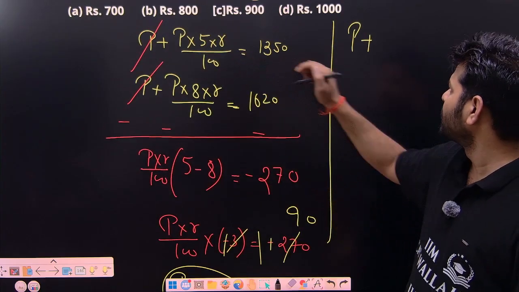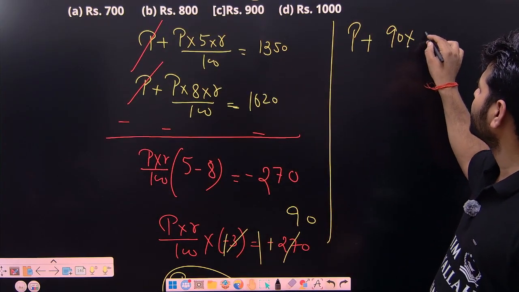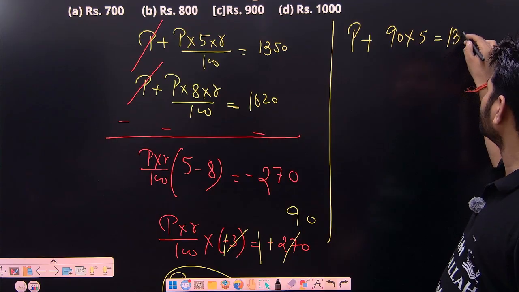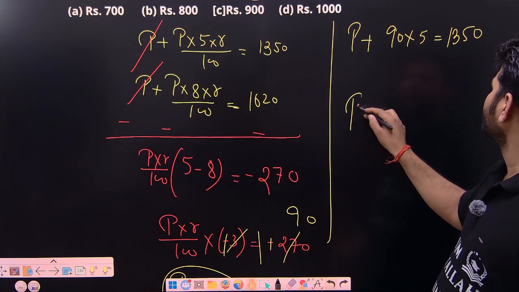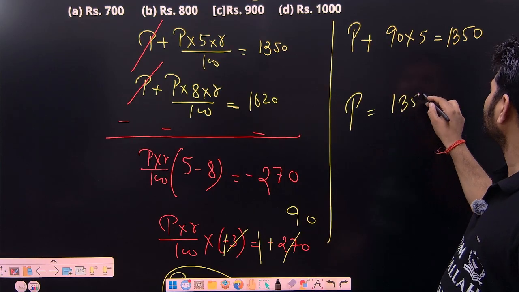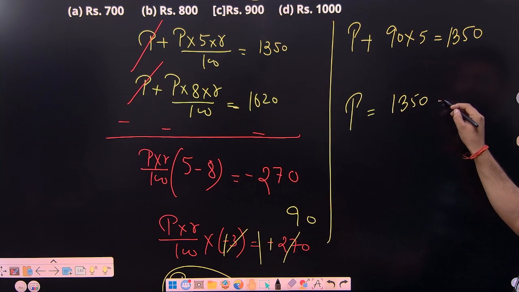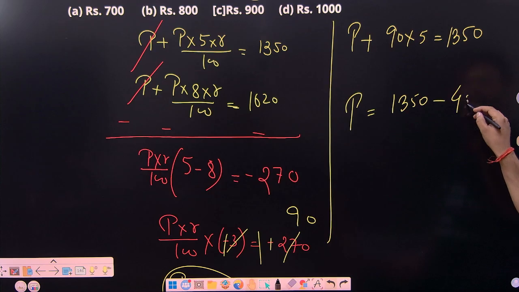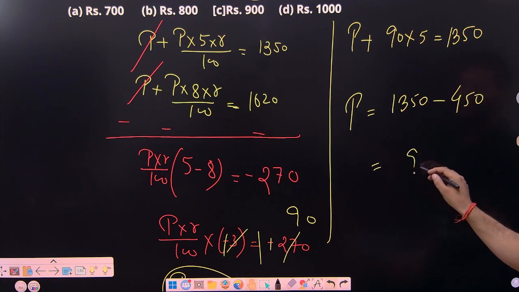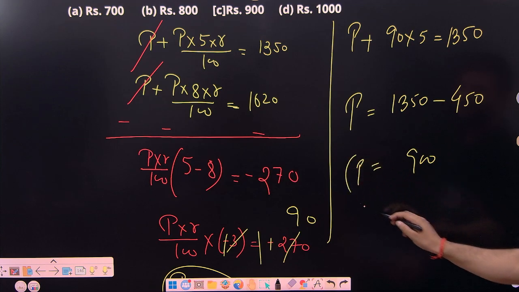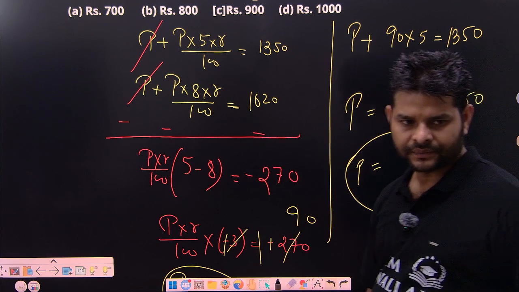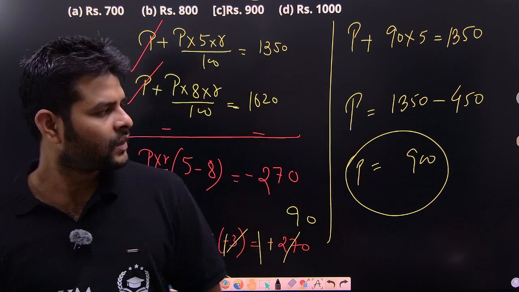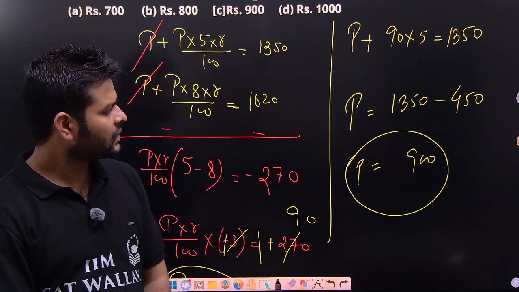So over here that would be 90 into 5 is equal to 1350. So P would be 1350 minus 450. That would be 900. So basically principal would be 900. Got it or not?